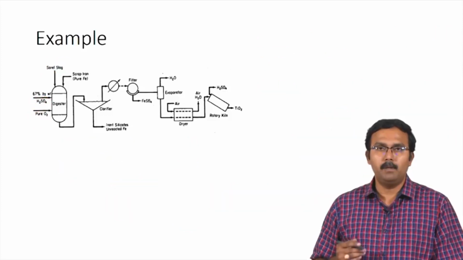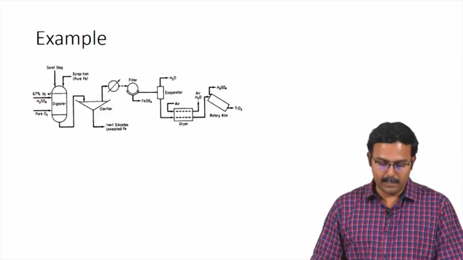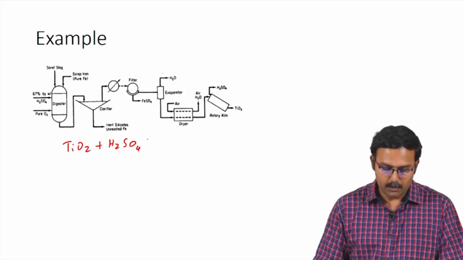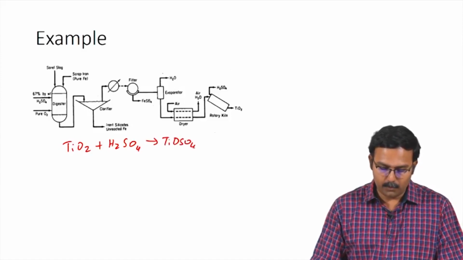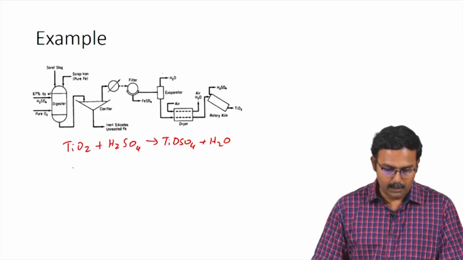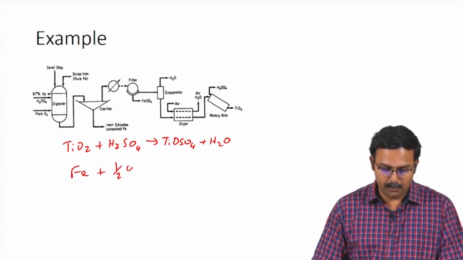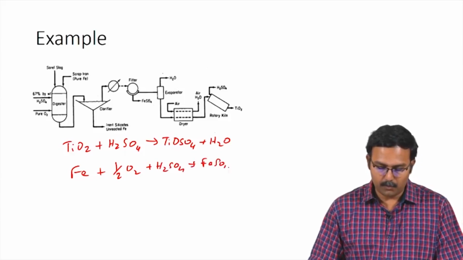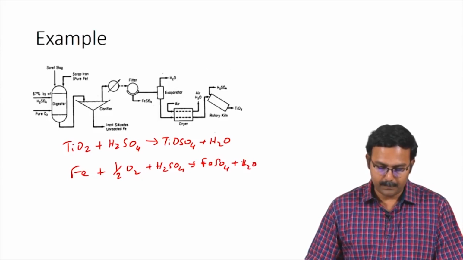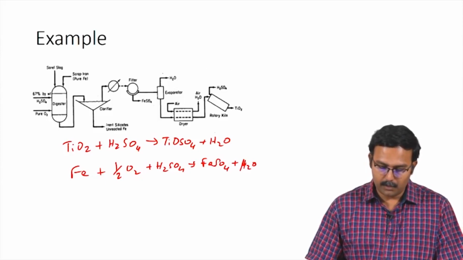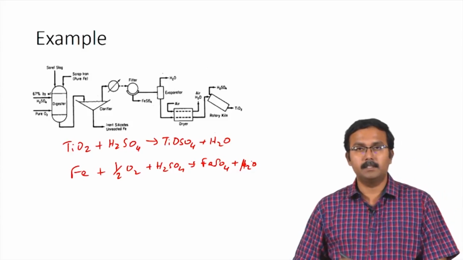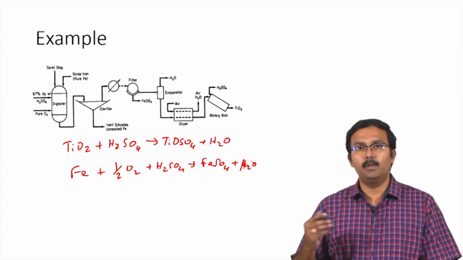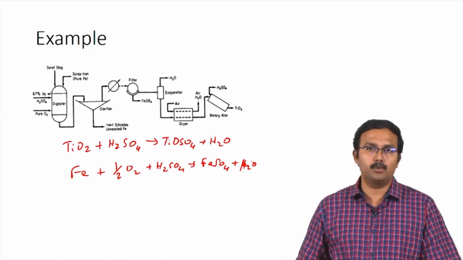In the problem, there are 2 reactions which take place in the digester: TiO2 plus H2SO4 gives TiOSO4 plus H2O, and the other reaction is Fe plus half O2 plus H2SO4 gives FeSO4 plus H2O. Taking the first reaction, 1 mole of TiO2 will produce 1 mole of TiOSO4 if the reaction goes to completion.